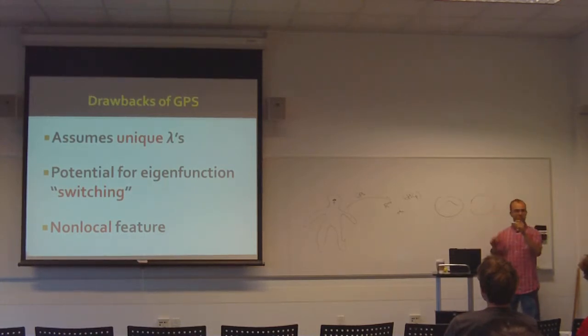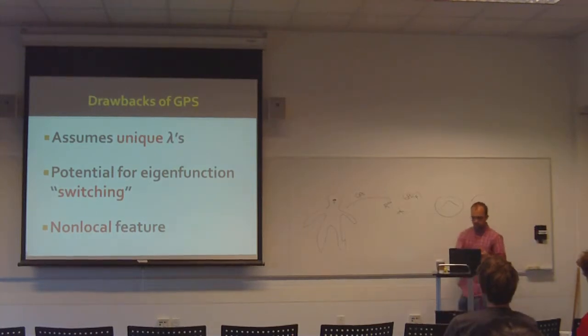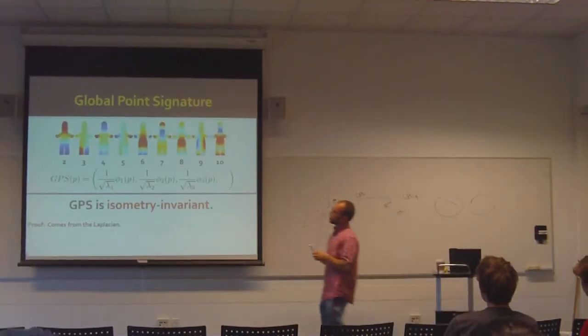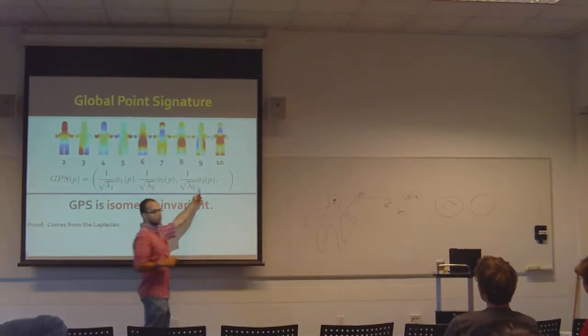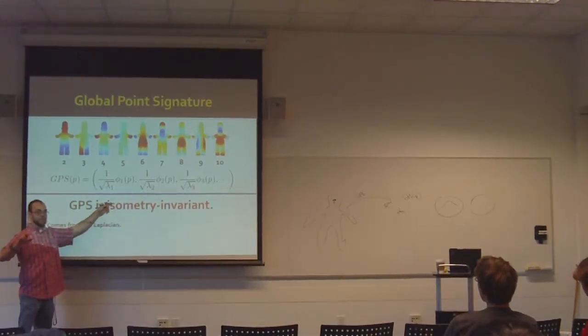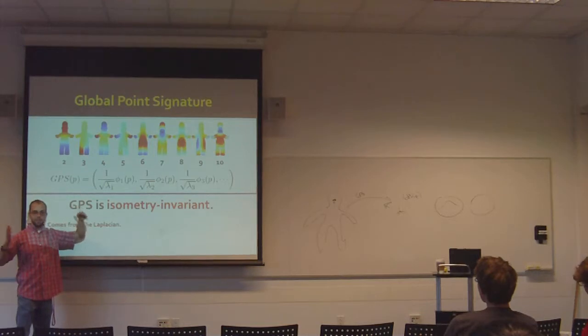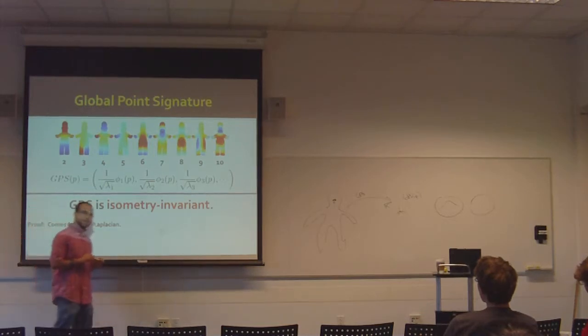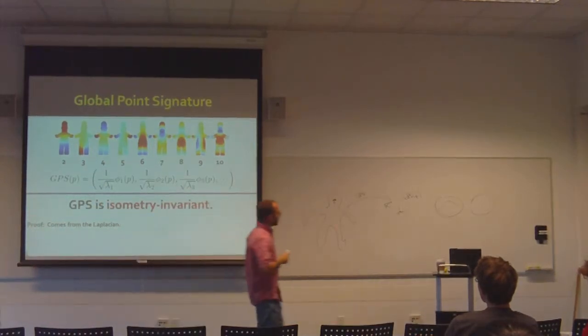I'm not drawing this very well, but hopefully you get the idea. Notice our definition of the GPS was that I took the first eigenfunction, the second, the third, and so on, and coupled them all together. What is the first eigenfunction of the sphere here? Well, we don't know, because there are two with the same eigenvalue. We can't separate these out. And so this isn't such a great method from that perspective.